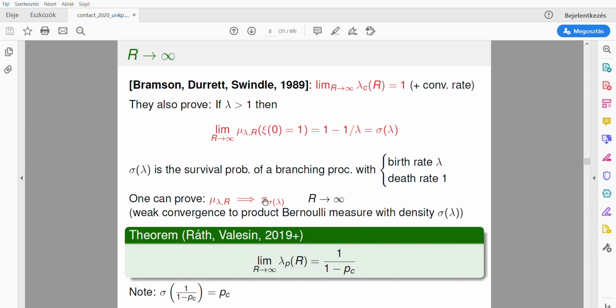Okay, so this formula looks magical, but it's not going to look that magical as soon as one notes the following.